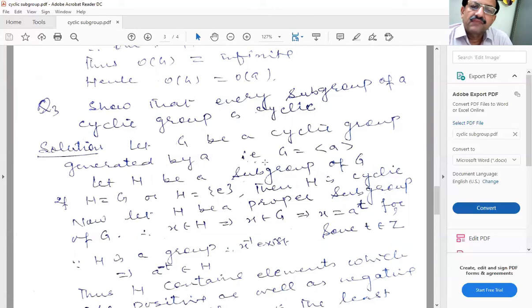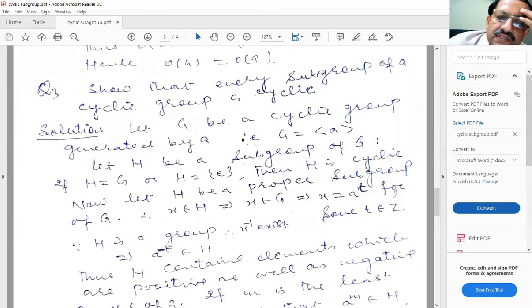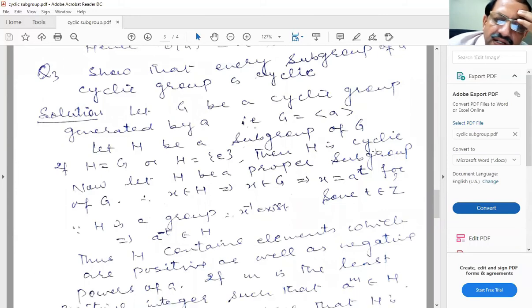Solution: let G be a cyclic group generated by A. So let H be a subgroup of G. ये सबग्रुप की दो बातें हम अक्सर क्वेश्चनों में करते हैं कि G is a cyclic group generated by A. That means every element of G can be written as A raised to power n.